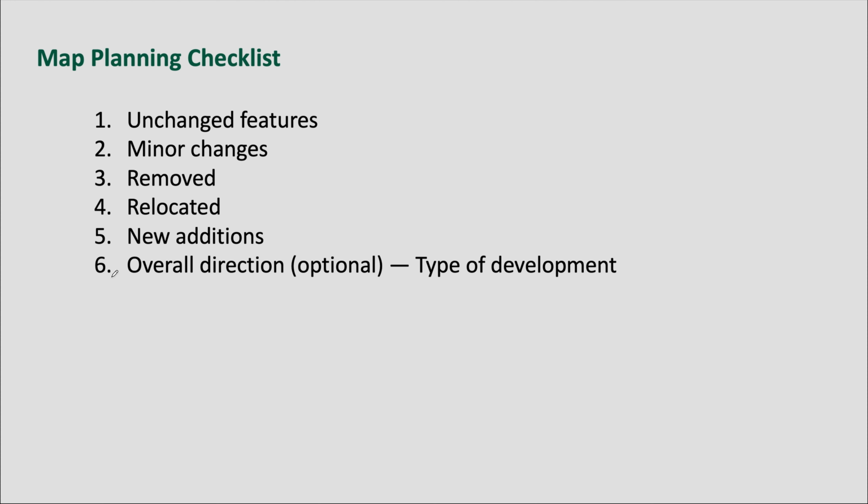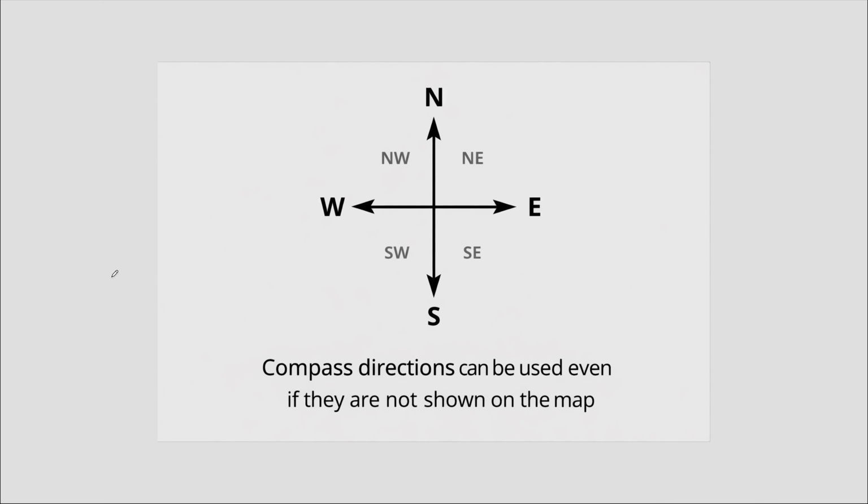So, in short, unchanged features first, then small changes, then removals or relocations, followed by new additions, and finally, the overall direction of change. Before we move on to planning, one quick point. In map questions, we can use compass directions like north, south, east, west, even if they are not shown in the question.